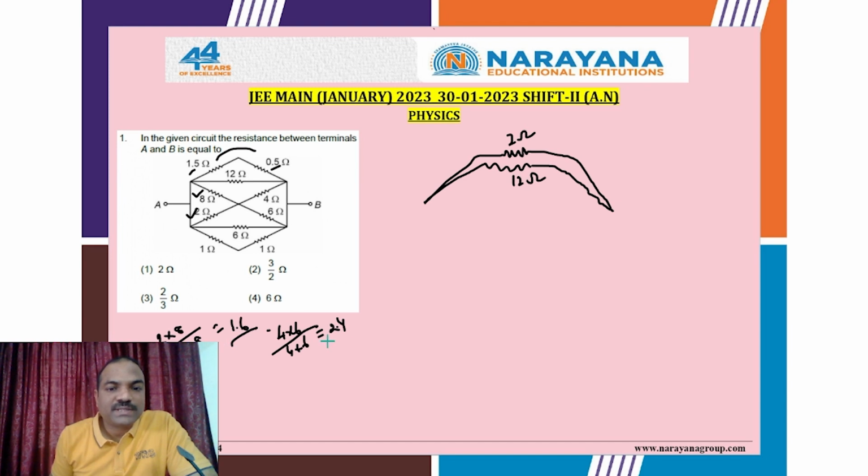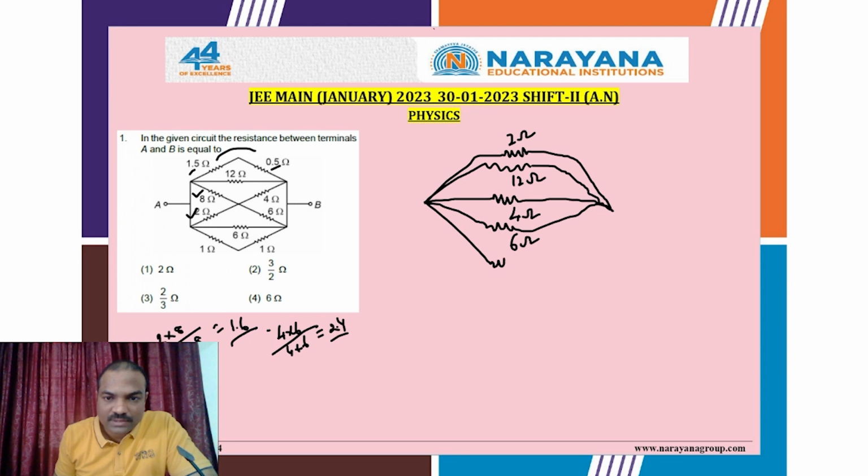Then 1.6 and 2.4 will be in series again, so the effective resistance will become 4 ohm. Then 6 as it is, in parallel condition. And then 1 and 1 will be in series, so again I can write 2 ohm resistance.